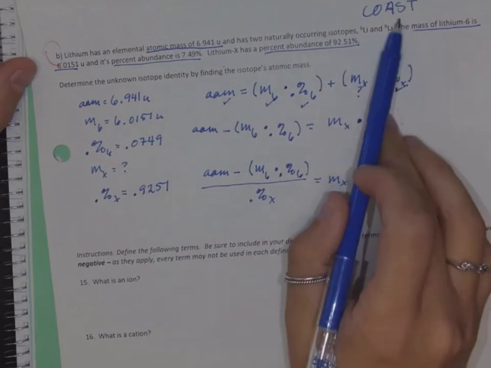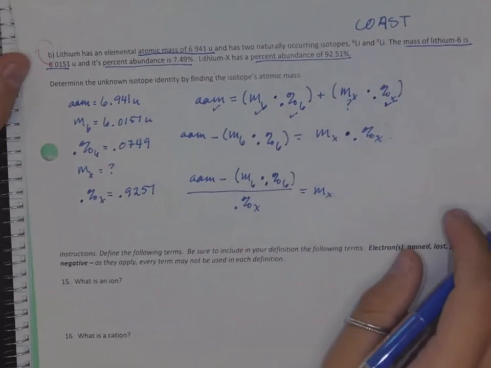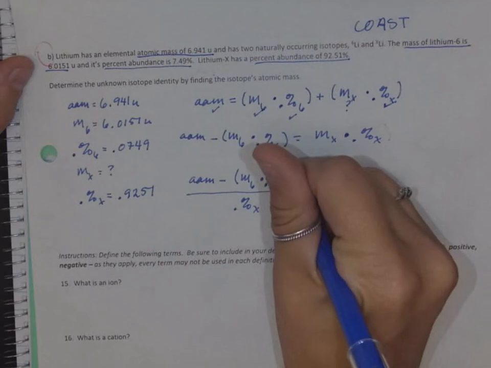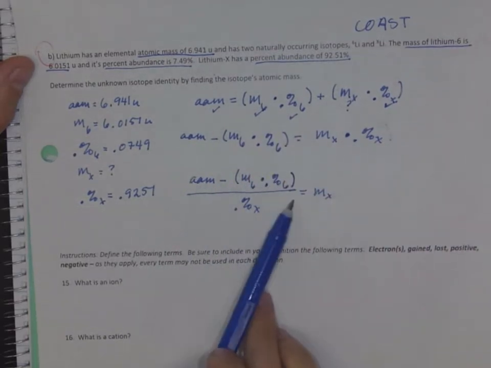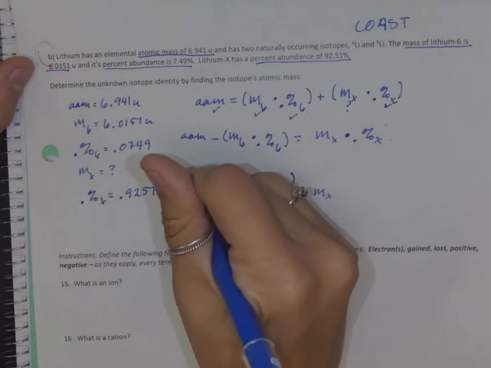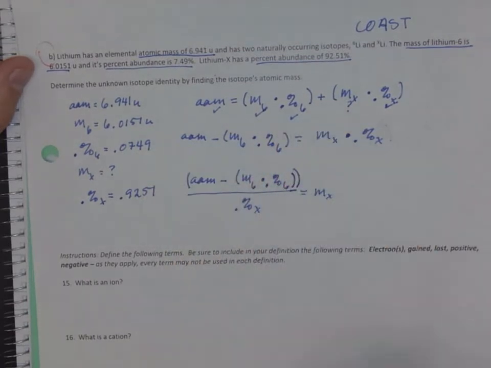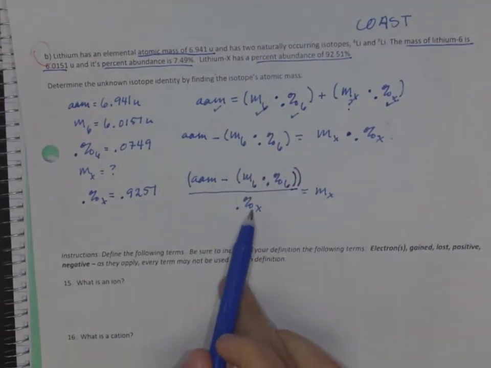So now we're going to solve. We're going to plug this in our calculator. Your calculators are wonderful tools, but you need to tell them that this whole thing needs to be on top of the fraction. And so I would add another set of parentheses in there. We want this whole thing divided by that number.